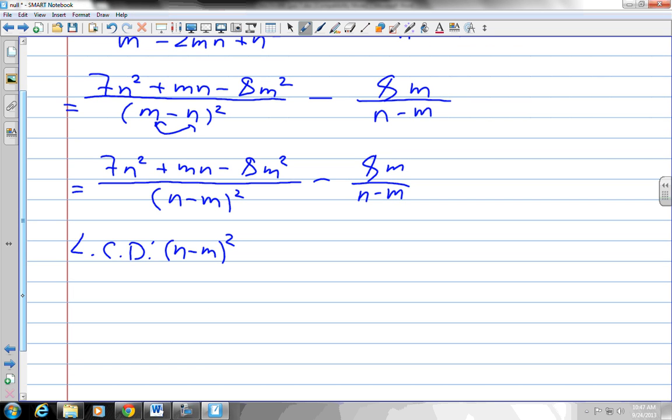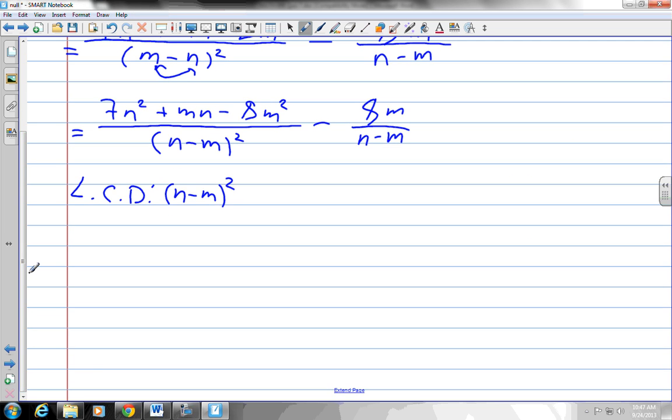It already has the least common denominator, while the second fraction needs what? N minus m. I cannot square it because it will change the problem, but I can multiply by n minus m. So the second fraction, I'll just multiply by n minus m over n minus m. So now the denominators are the same.